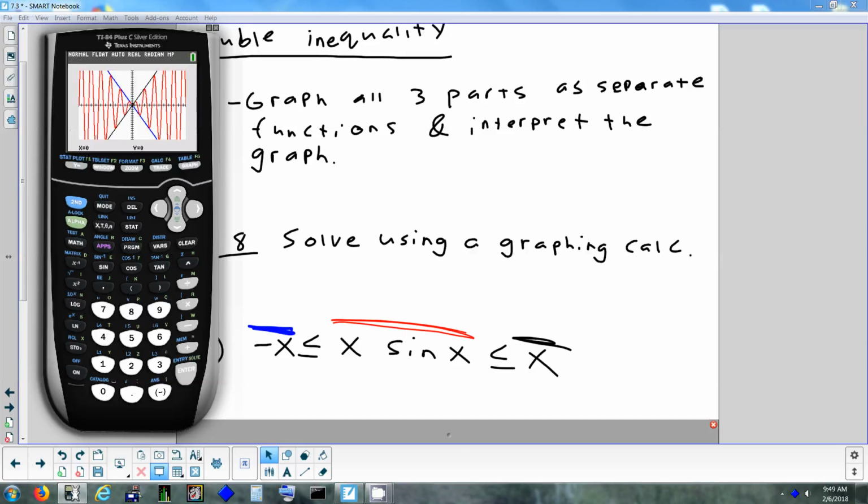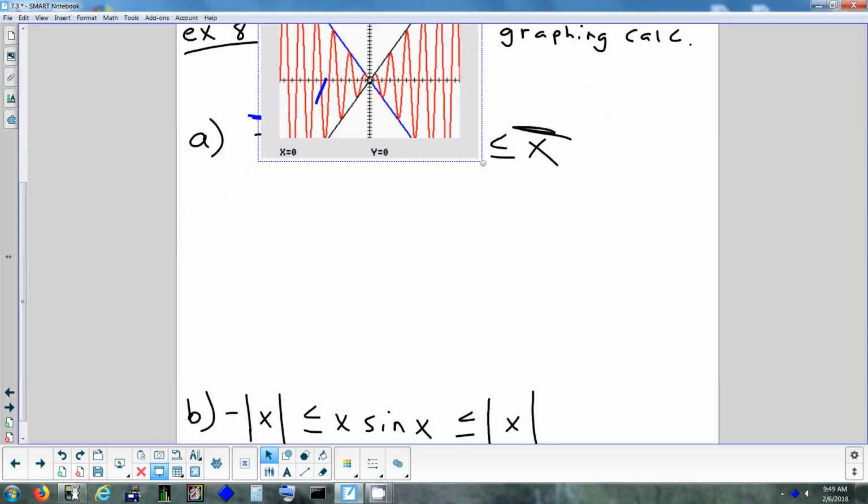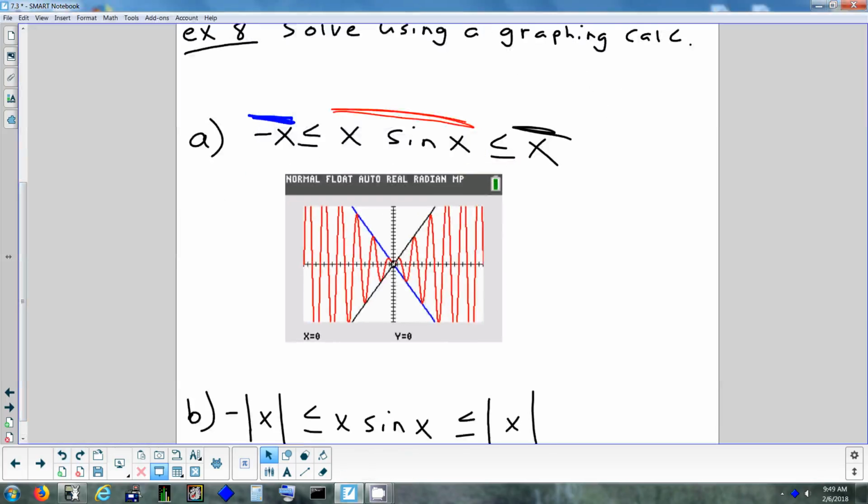And what actually happens is the height of this wave is bounded. It's trapped between these two graphs, the one in blue and the one in black. So let's look at that graph. Maybe move it down.